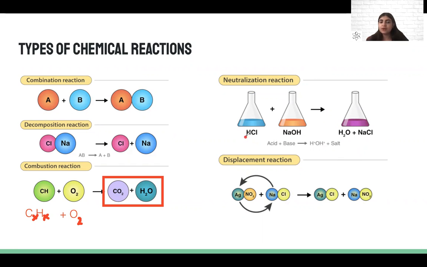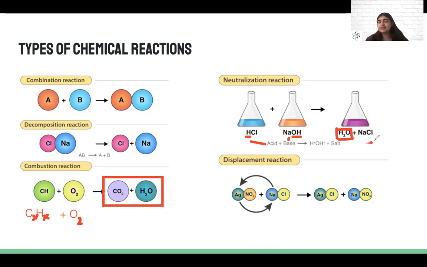But basically, when you have something with an H plus something with an OH, because typically, it's not always the case, but typically when something has a hydrogen, it is an acid, and when something has an OH, which is called a hydroxide, it is a base. So acid and a base gives you water, which is just H2O, and salt.